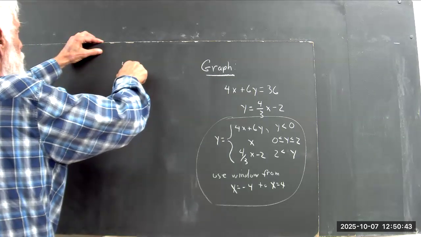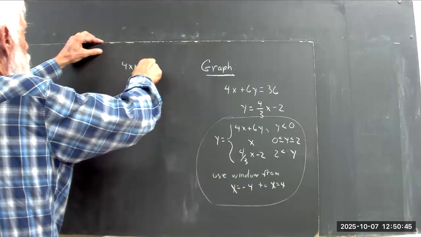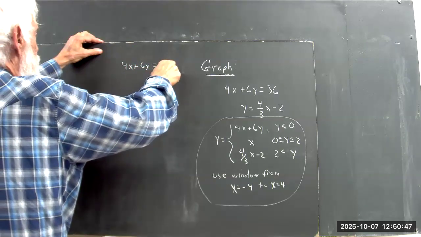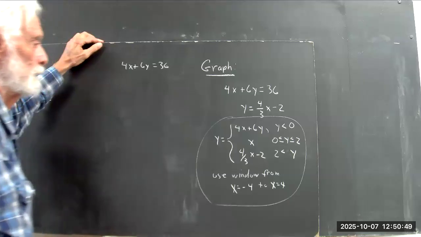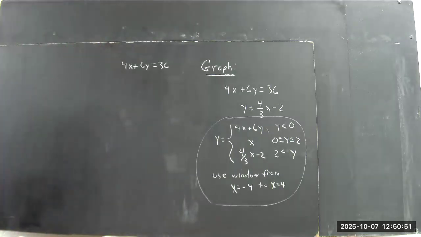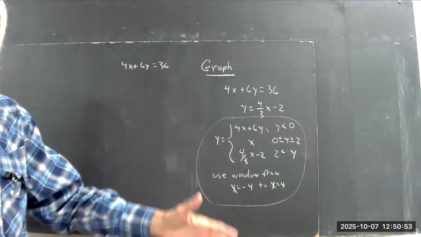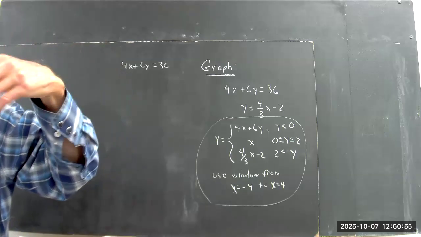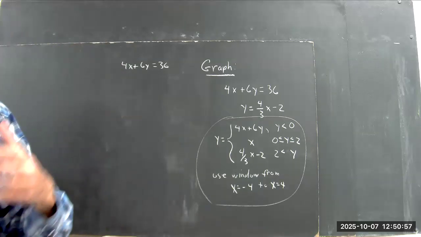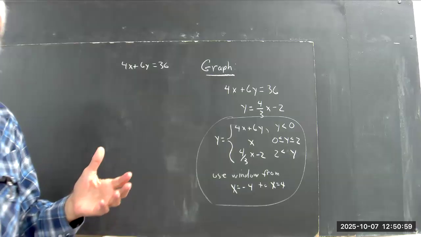Here we got 4x plus 6y equals 36. Now, most of you were in class, you didn't ever see me draw and subdivide a graph for an exponential function or a quadratic function. We didn't do any of that.